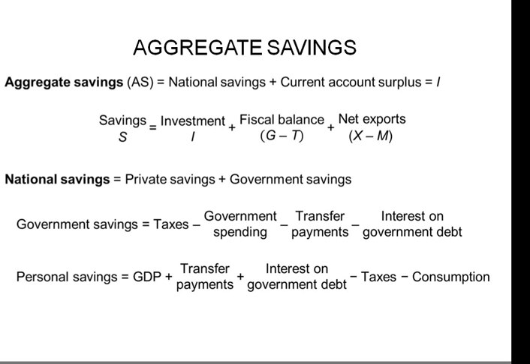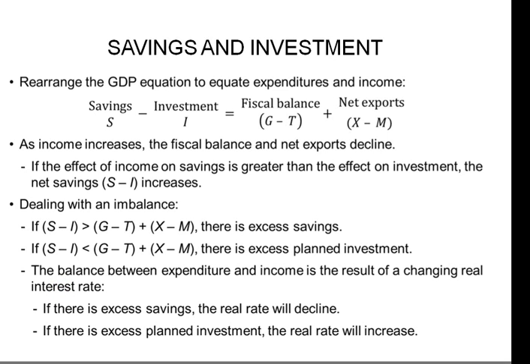Personal saving is equal to GDP plus transfer payments plus interest on government debt, which consumers are getting, minus taxes, which they are paying, minus consumption, which they are consuming. So those are called personal savings.